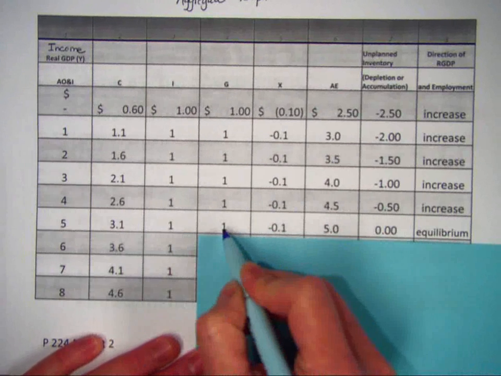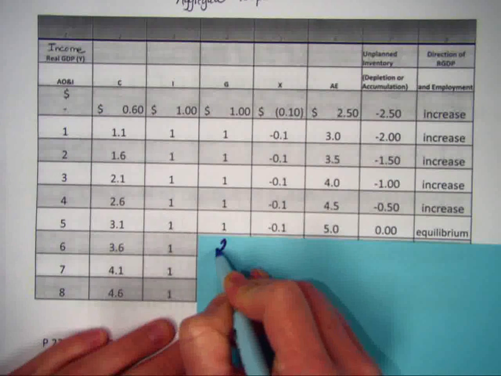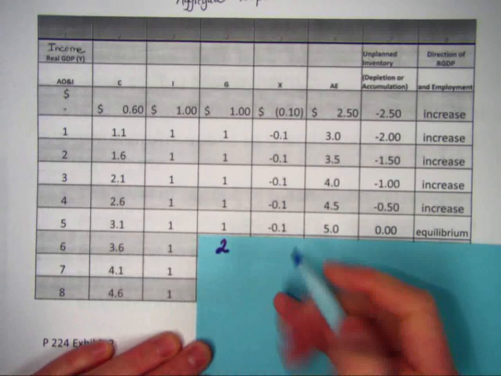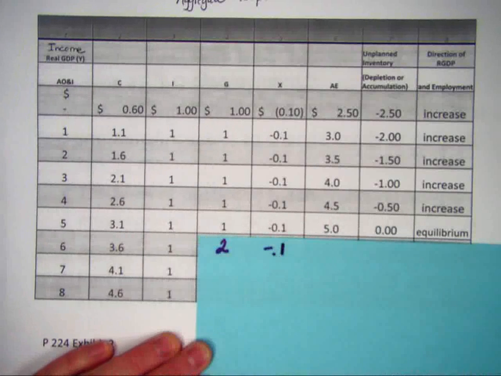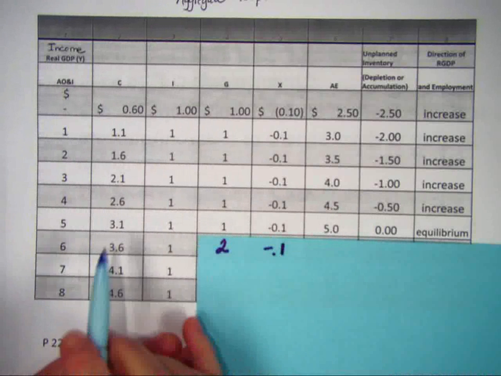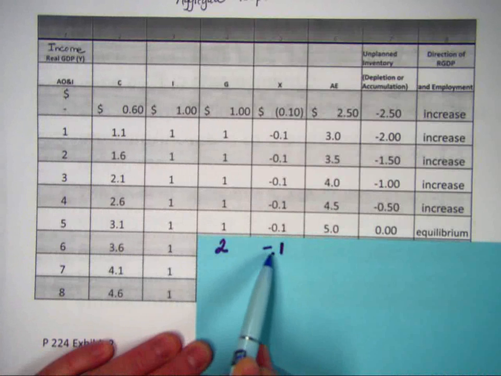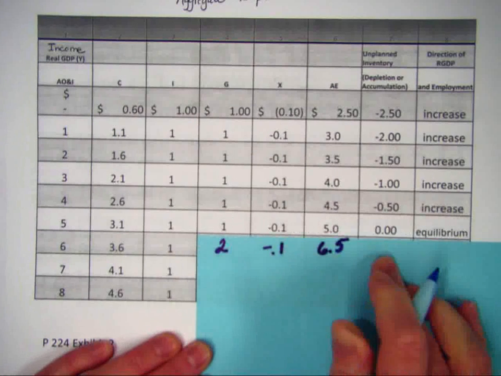We're going to say that instead of government spending being 1, we're going to crank that up to 2. And net exports is going to stay the same at minus 0.1. Now adding these together, 3.6, 4.6, 6.6, minus 0.1, that gives us aggregate expenditures of 6.5.